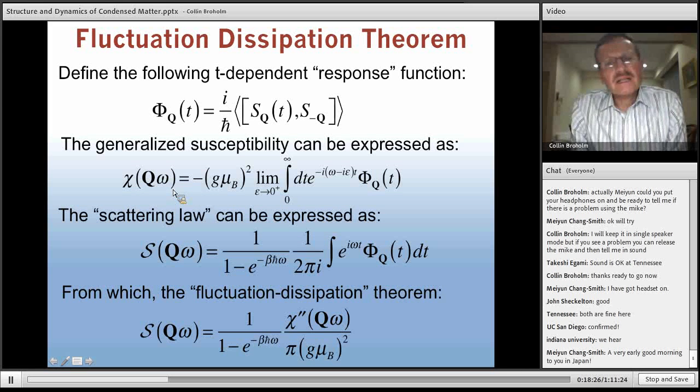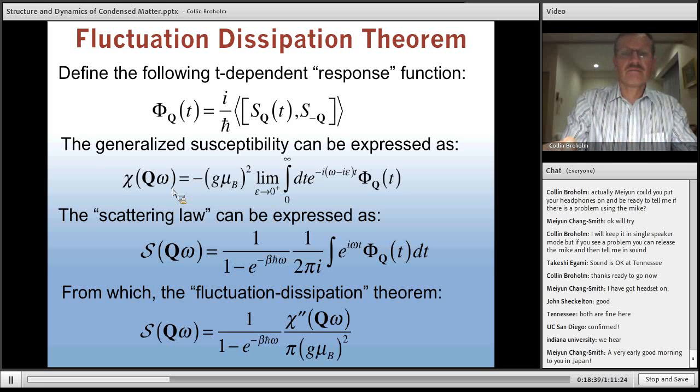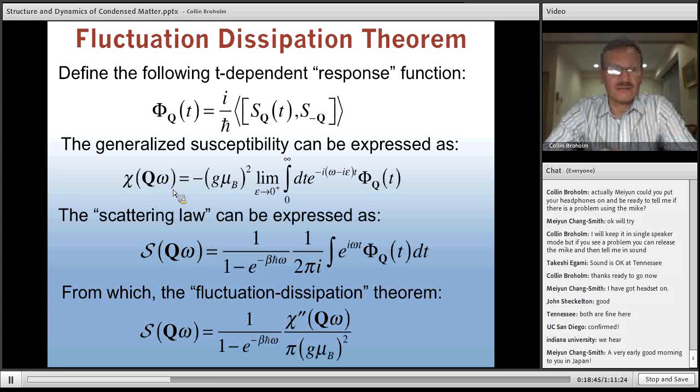So you're familiar with susceptibilities as relating magnetization to magnetic field. If I have a big susceptibility, then a large magnetic field will induce a large magnetization. And so this is the response function in the language of linear response theory.